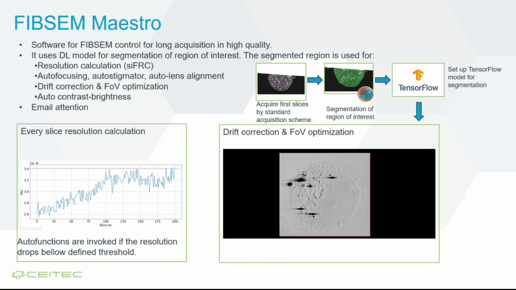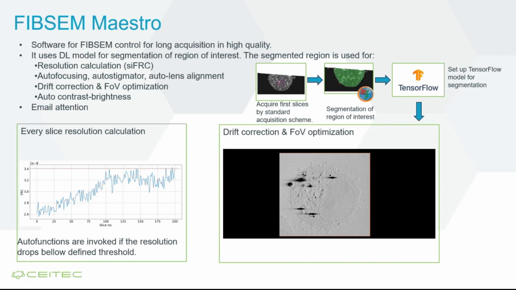It is very helpful because if it is needed to calculate the resolution, it is more precise to calculate it just in your region of interest. It is also faster. Also, the auto functions happen only in your region of interest.